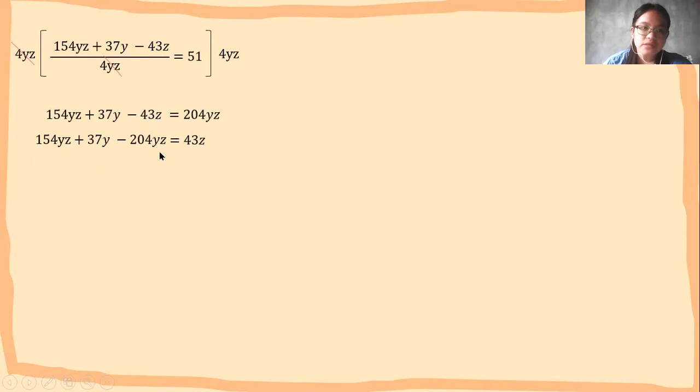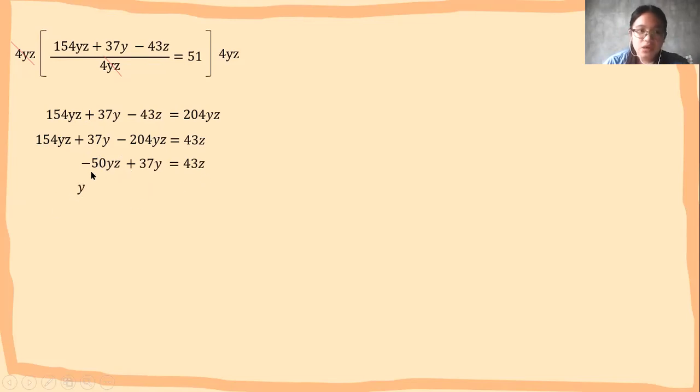Then let's factor. So let's add first. So we have 154yz plus negative 204yz. So we have negative 50yz. Then copy the 37y is equal to 43z. So let's factor out y.